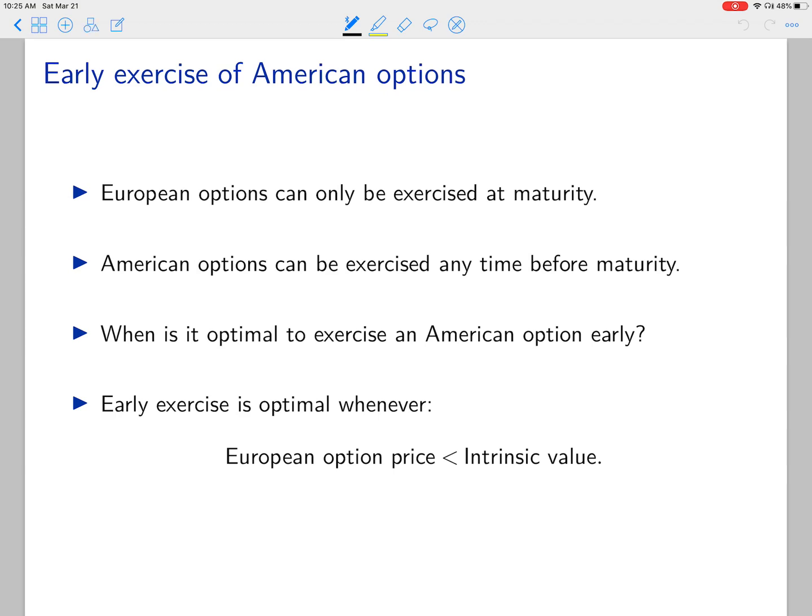So before we dive into early exercise, let's review some key terms. The style of an option governs when it can be exercised.